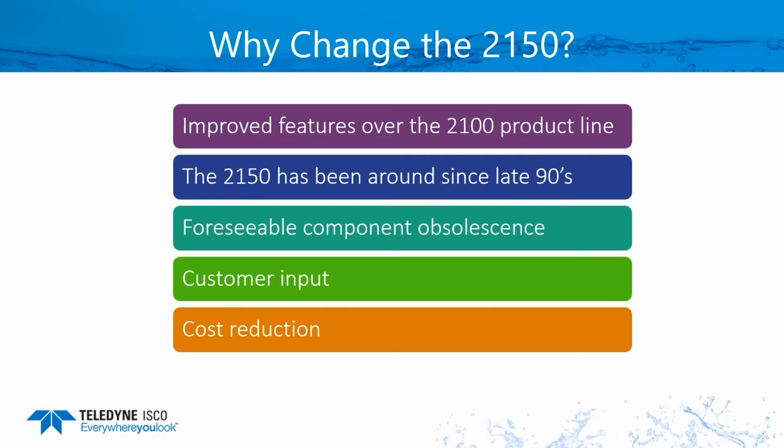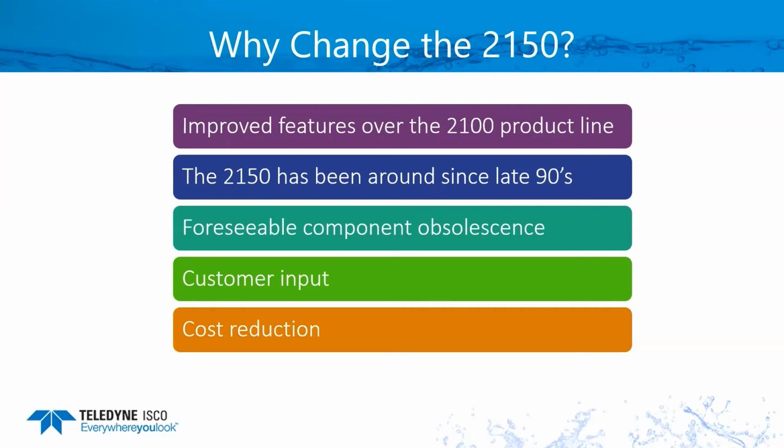And with that comes obsolescence of components, and everybody's running into more and more obsolete issues. So we need to look to the future. And what we did then is we looked at customers, discussed a lot of things that they liked about 2150s, maybe some of the other competitive products out there, and tried to make sure we covered everything that they were looking for in a flow meter.